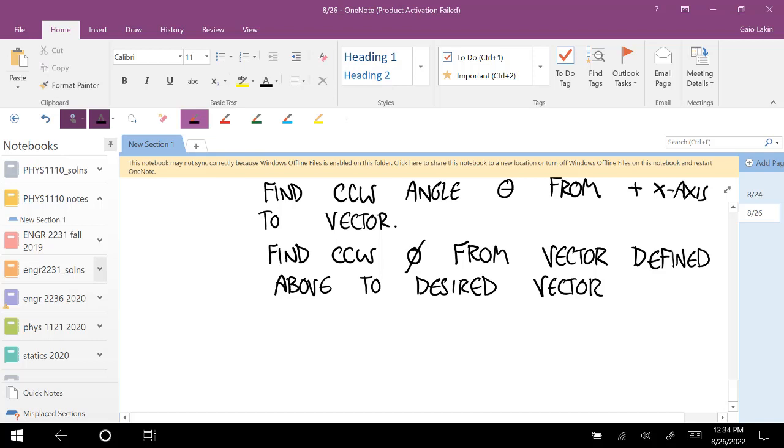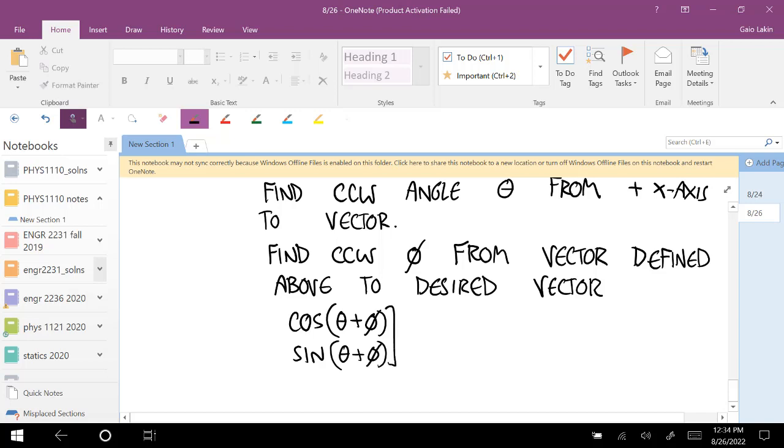And then your unit vector is just going to be cosine of the quantity theta plus phi, sine of the quantity theta plus phi. That feels pretty abstract, so let me show you how this works.